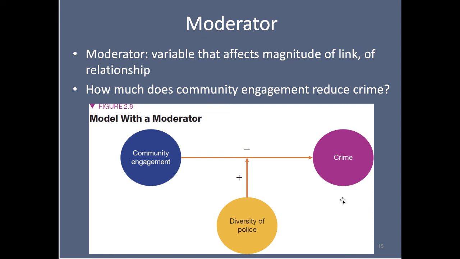And a moderator is a variable that affects the magnitude of that relationship. So in this case, we have a theory that the diversity of the police is going to increase the magnitude of that effect. And especially the idea is if the police contain officers from the same background as various community members, that community engagement will be more effective in reducing crime.